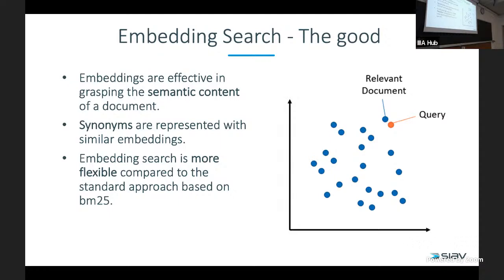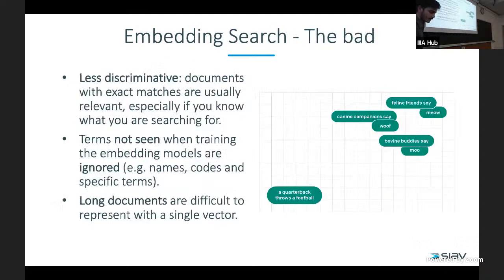However, the project unfortunately does not end here, because there are some relevant drawbacks. The first drawback is that we get a very flexible system, but we also get a much less discriminating system. And we care about a system which is able to actually discriminate between the documents, because when you are searching for something, if you don't know what you're searching for, you would likely be satisfied with just embedding search.